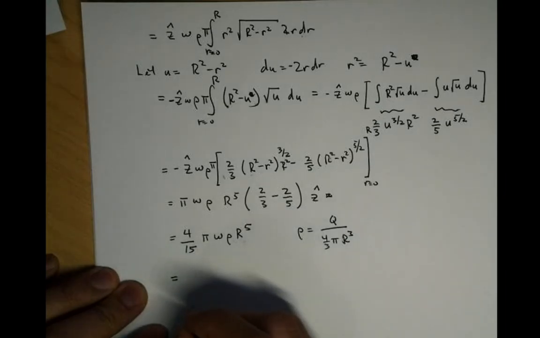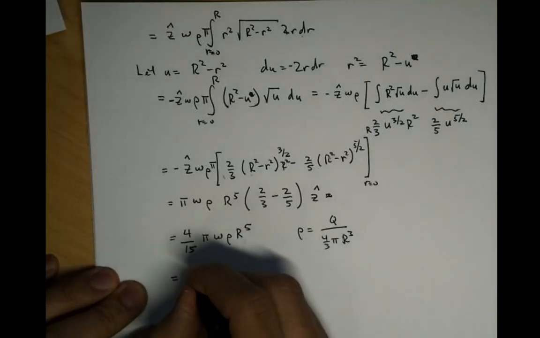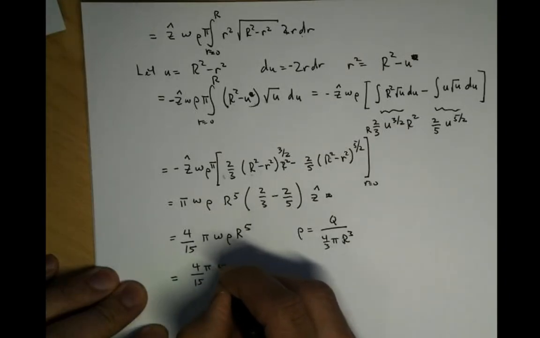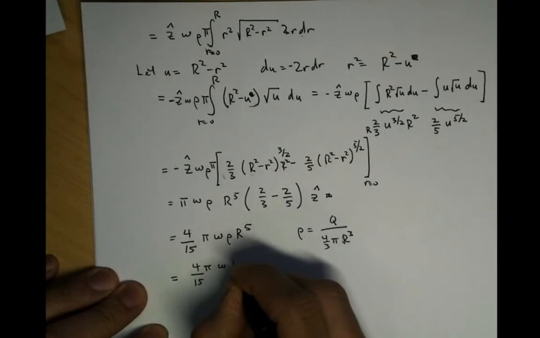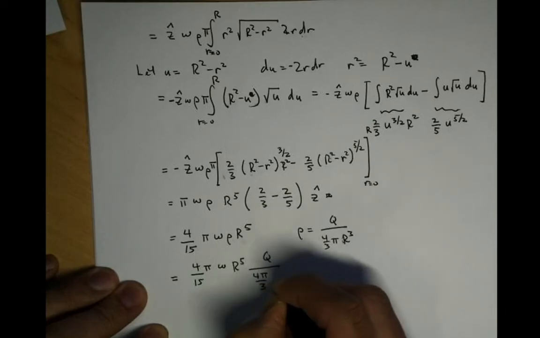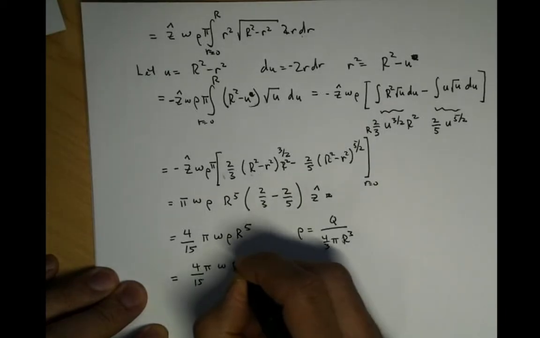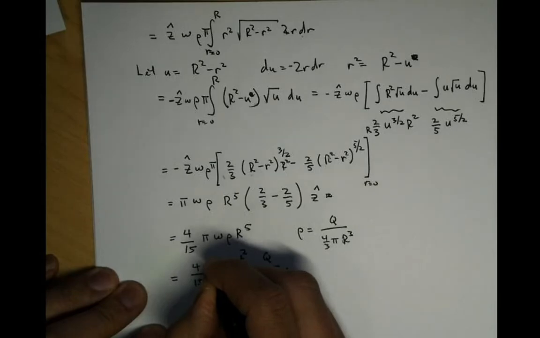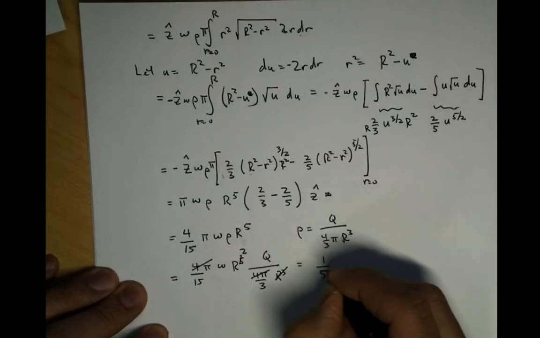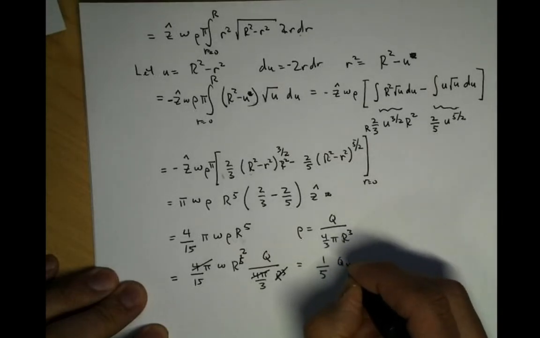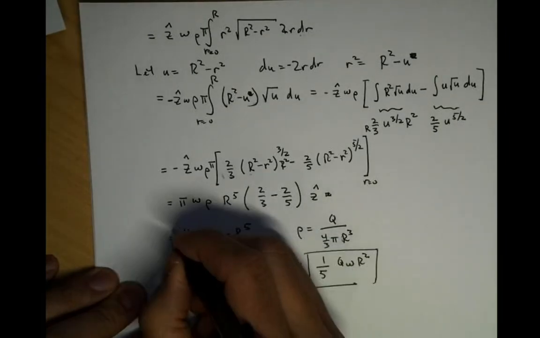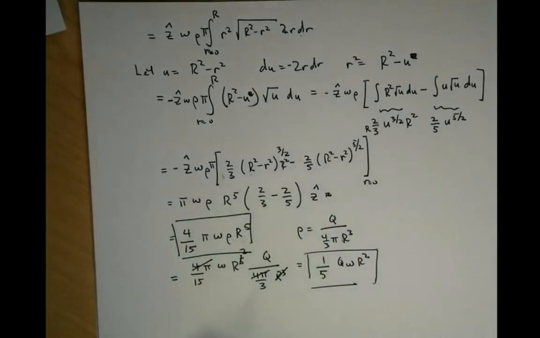This gives you something very, very simple, actually. It turns out that this is 4/15 pi omega R to the 5th Q over 4 pi over 3 R cubed, which is 1/5 Q omega R squared. Did I get that right? Yeah.